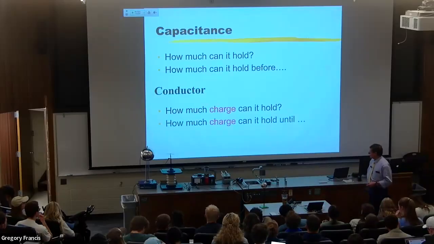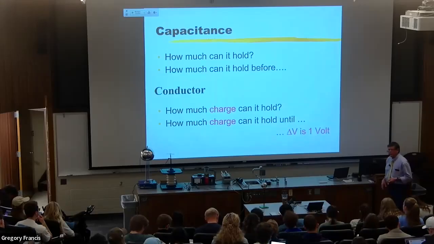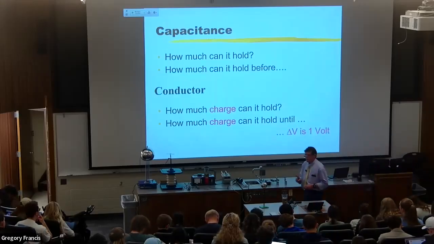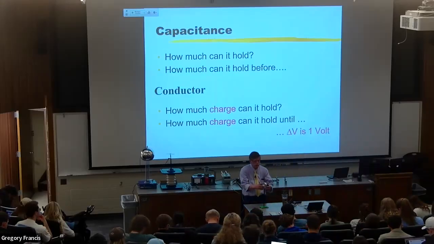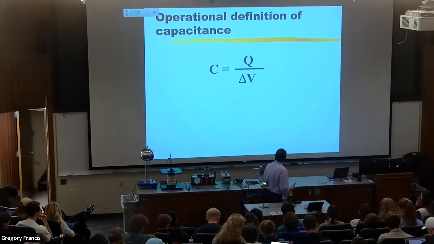And so what we use is how much charge can it hold until we change its voltage relative to some reference point by 1 volt. How much charge can I shove on this thing before its voltage goes up by 1 volt? Now, there's the operational definition.